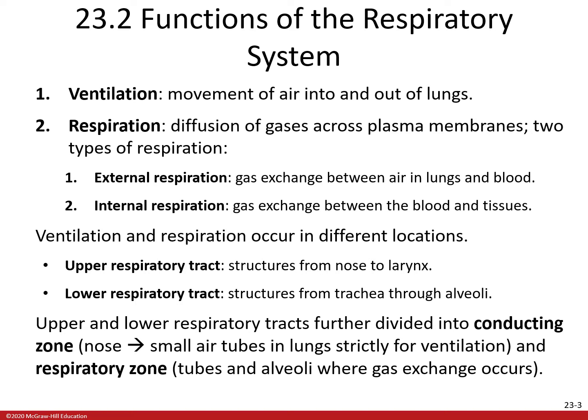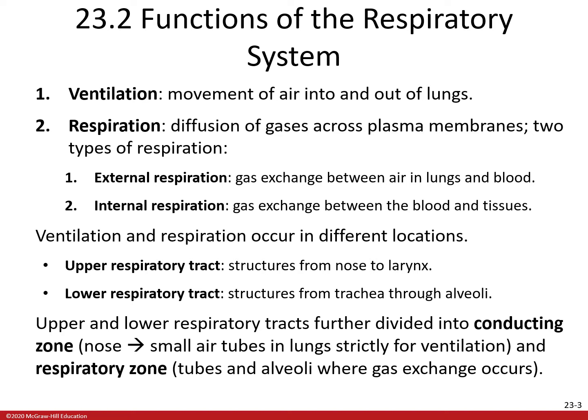And there are 2 types of respiration. The first is external respiration, which can also be called pulmonary respiration because this is where you have gas exchange between air in the lungs and blood. So make a little note that external respiration is occurring in the lungs themselves. The second type, internal respiration or systemic respiration, is gas exchange between blood and your bodily tissues.